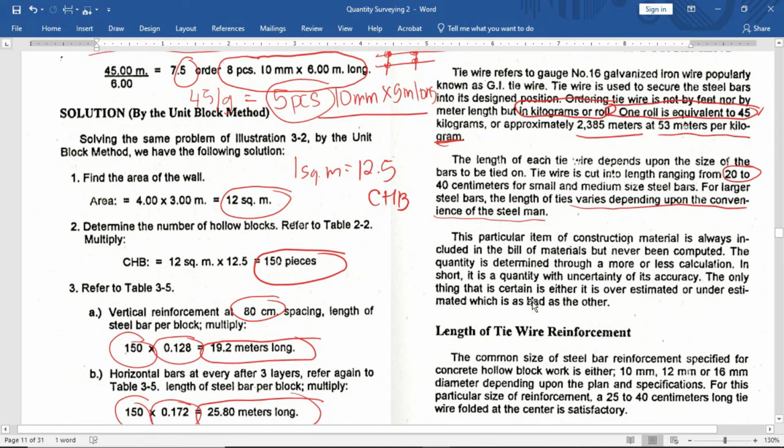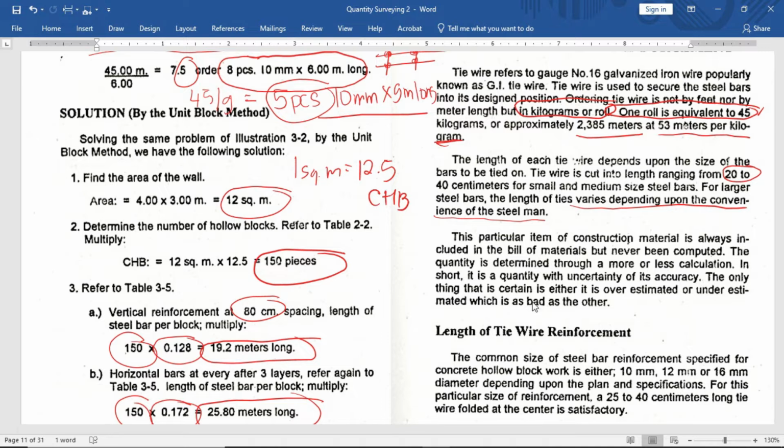This particular item of construction material is always included in the bill of materials, but never been computed. The quantity is determined through a more or less calculation. In short, it is a quantity with uncertainty of its accuracy.